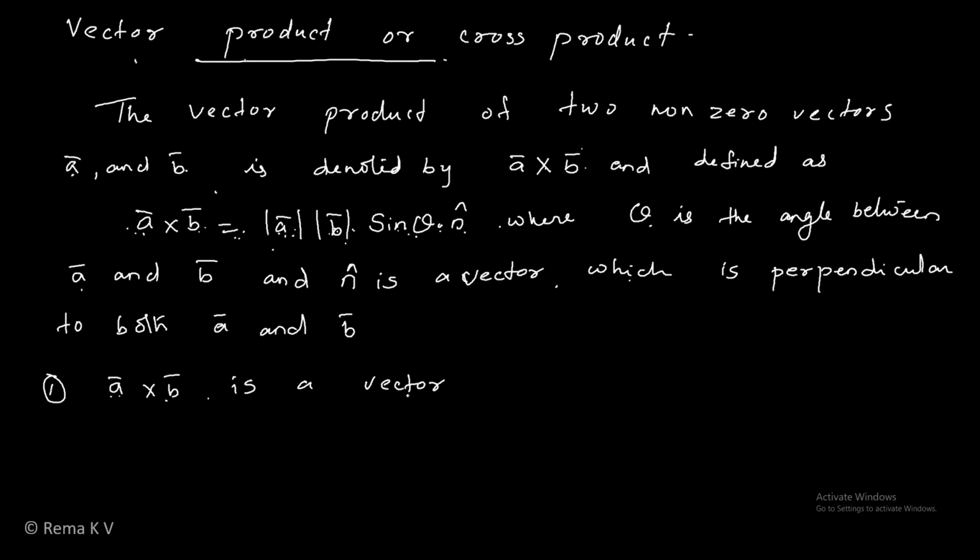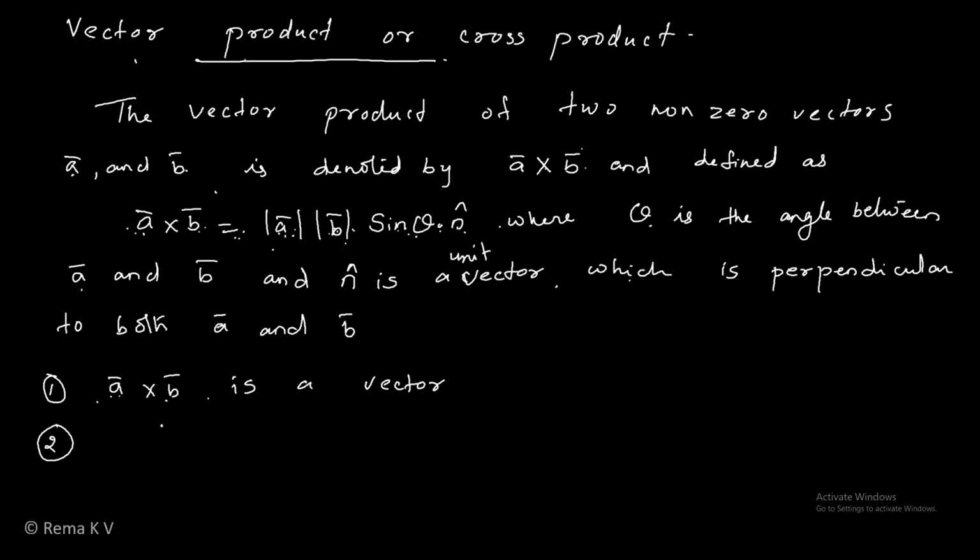A cross B is a vector in the direction of n cap, where n cap is perpendicular to A and B. Here you have to make a change: n cap is a unit vector which is perpendicular to both A and B. So the first result is A cross B is a vector.